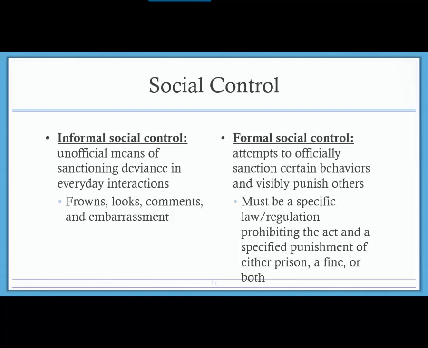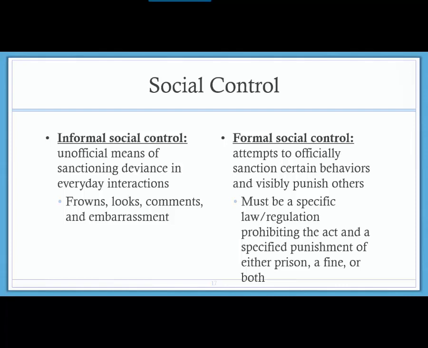And normally that means that the punishment is also usually officially established, whether it's prison, a fine, being fired, getting written up if it's in your place of employment or at school. But formal social control is related explicitly to usually formal norms and people having the authority to enforce those norms.